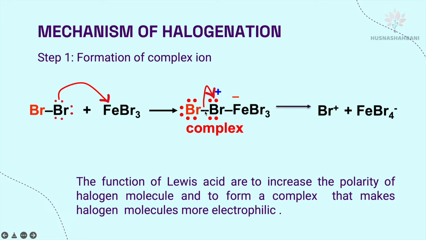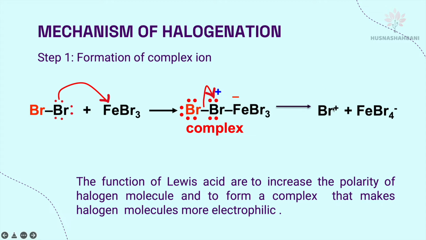By breaking this bond, it uses the 2 sharing electrons of this bond to transfer to this Br plus, making this FeBr4 minus, and this Br becomes Br positive because it only has 6 electrons now.